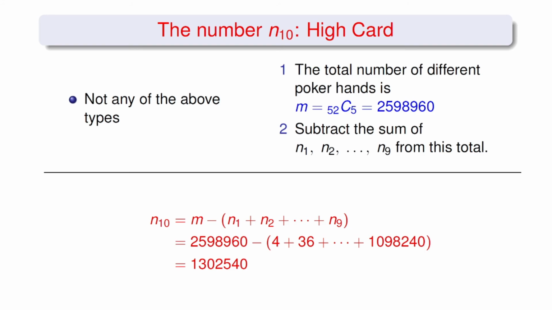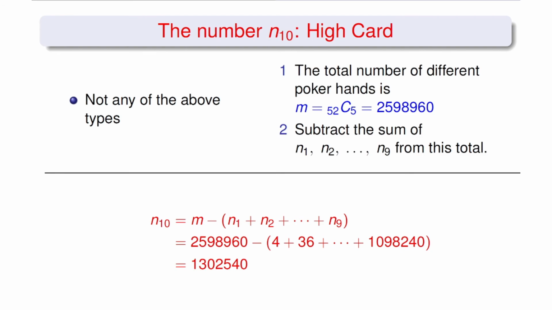Then that's going to be N10, the number of high cards. So N10 equals M minus the summation of N1, N2 till N9. Plugging all these values, we got N10 equals 1,302,540. That's the number of possible poker hands which are high cards.